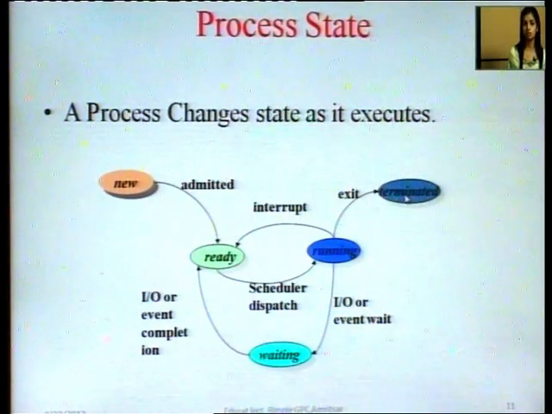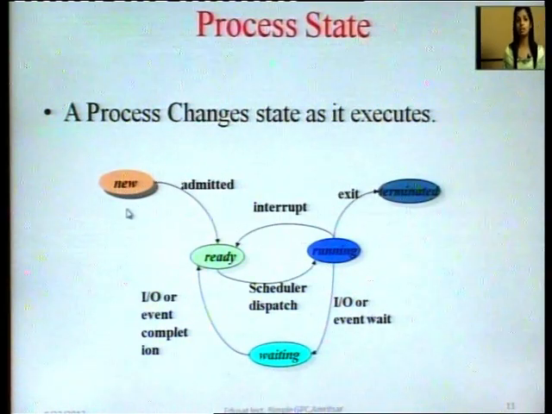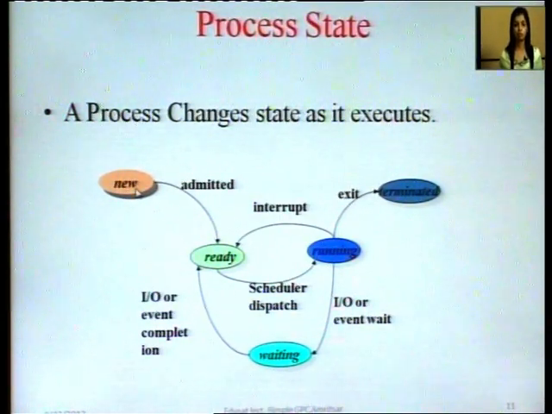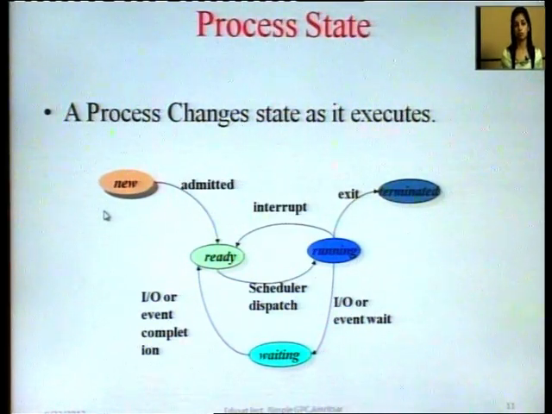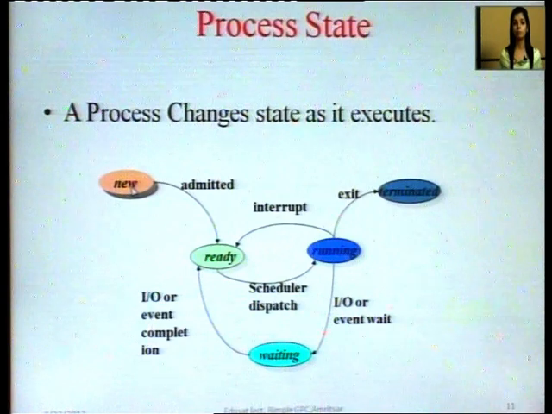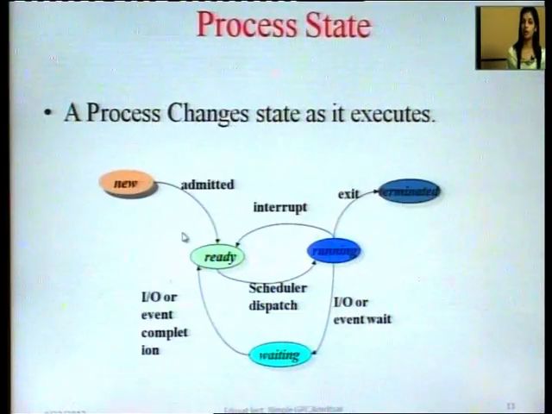There are 5 stages of execution of a single process. The new stage is when we admit or enter a new process. There is a ready queue where a number of processes wait for execution. New means that the process is admitted into the ready state. In ready, we have a number of jobs ready for execution.